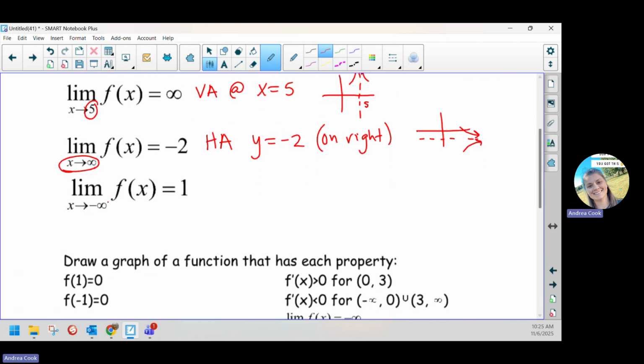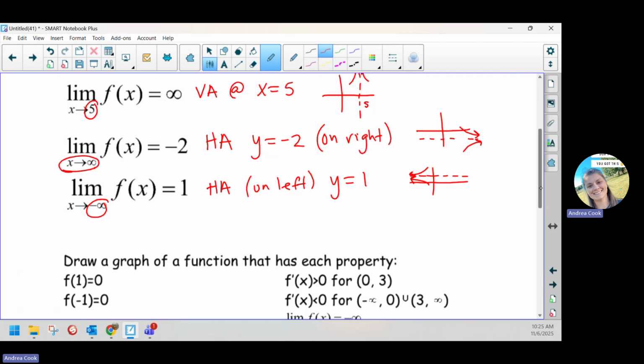And so limits to negative infinity is still a horizontal asymptote, but it's only going to be on the left side. And my horizontal asymptote would be at 1. So again, your graph is either going to do that or it could come from below.